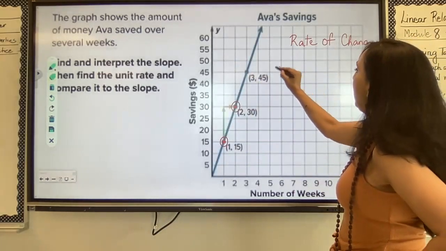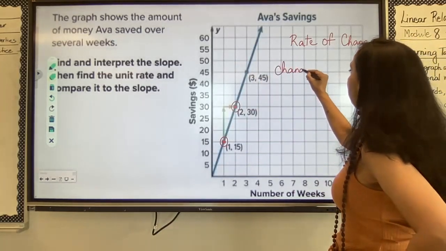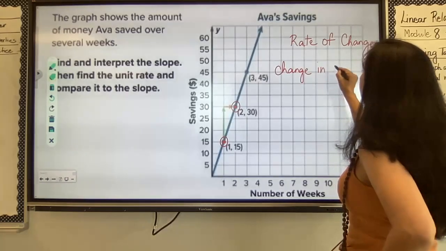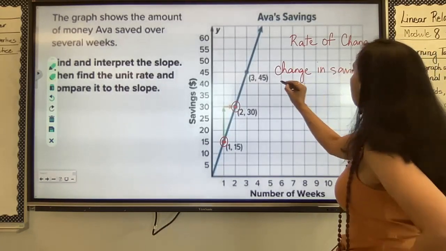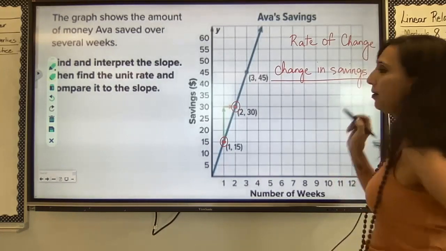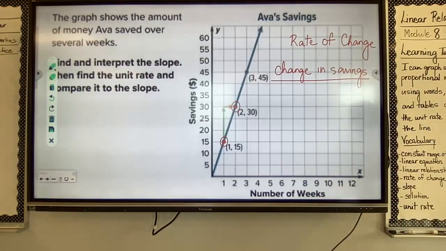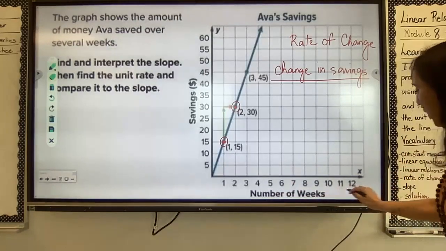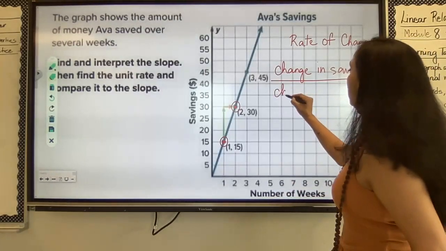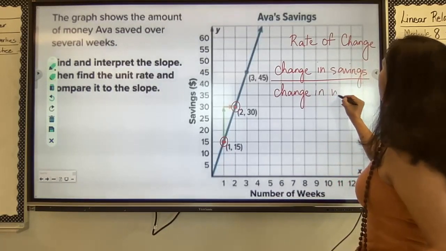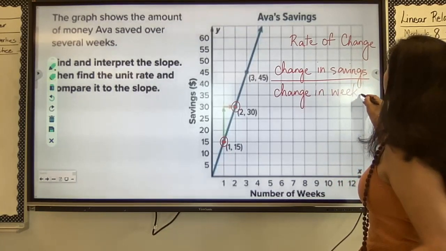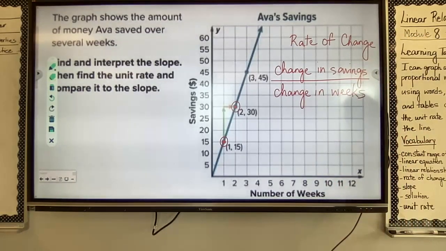Okay, so we have the change in savings, over the change in weeks. All right, so when I do that, so let's see, what is this?